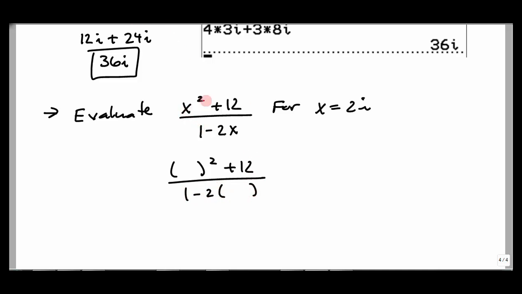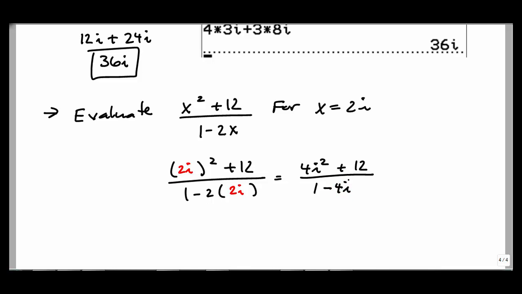So here we have x squared, x is 2i, 1 minus 2x, x is 2i, so I plug it in here, and I simplify. So 2i times 2i, 2 times 2 is 4, so I have 4i squared plus 12. And in the denominator, I have 2 times 2 is 4i, it's a minus sign, so I have 1 minus 4i. Shoot!